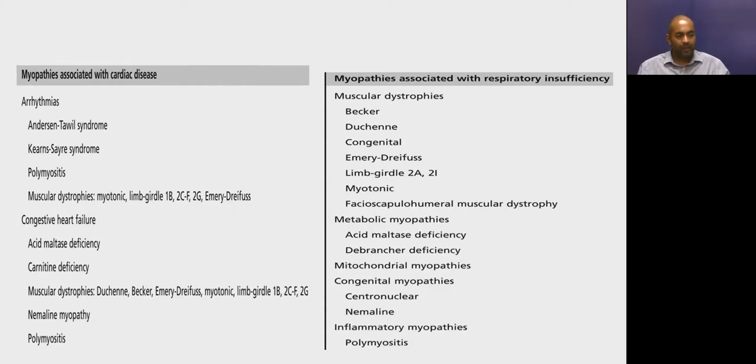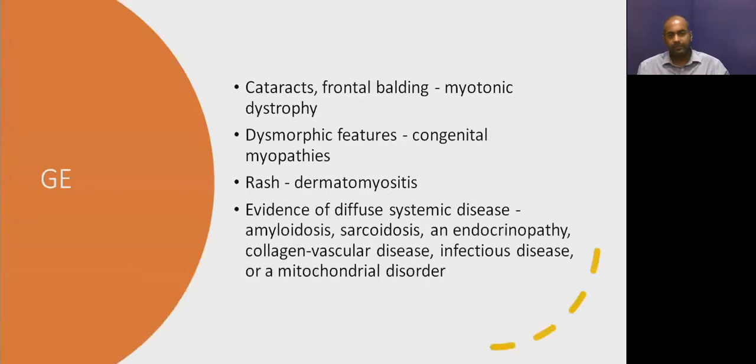And as discussed, some myopathies like Pompe's disease can present with respiratory insufficiency, while respiratory insufficiency can develop during the course of most muscular dystrophies. So this is the history, and we have to ask the key questions.